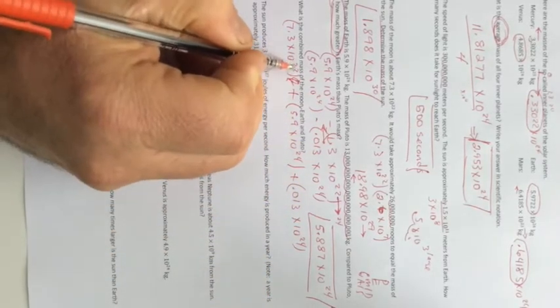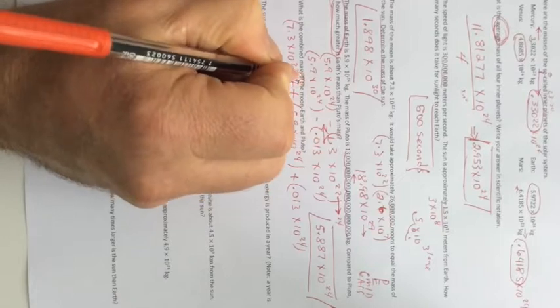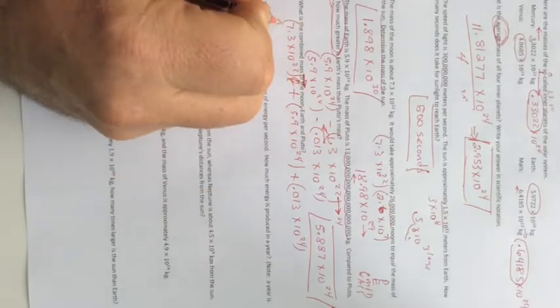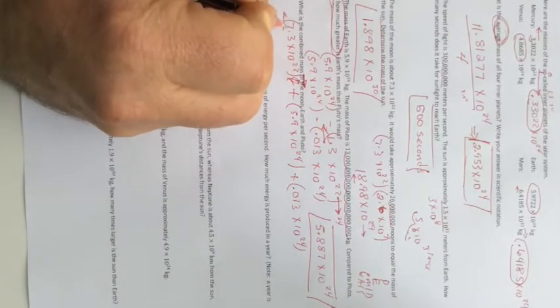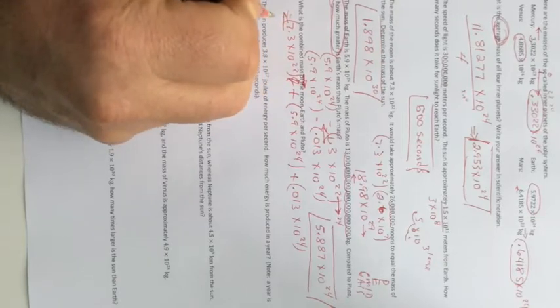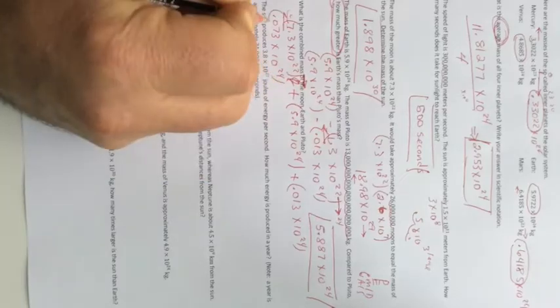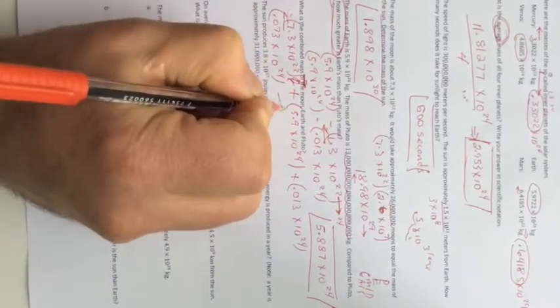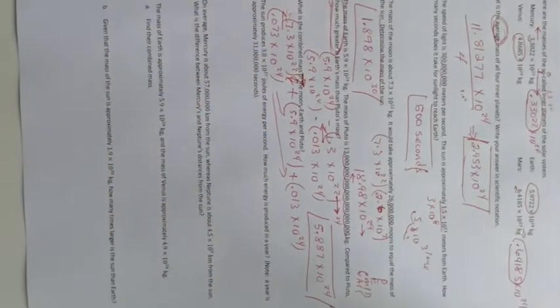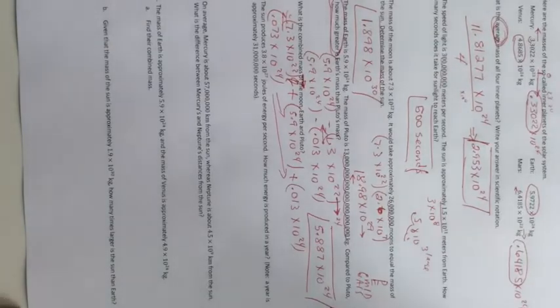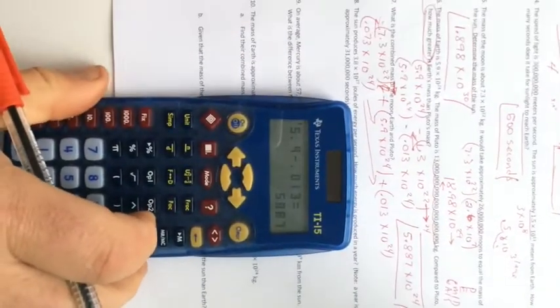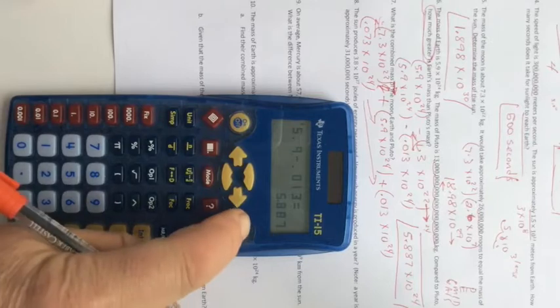And now all we have to do is get this one to 24. So 22 goes that way twice. That means this decimal goes that way twice. Once, twice. So 0.073 times 10 to the 24. So that one plus that one plus that one. And we'll have our machine do just the rote addition.